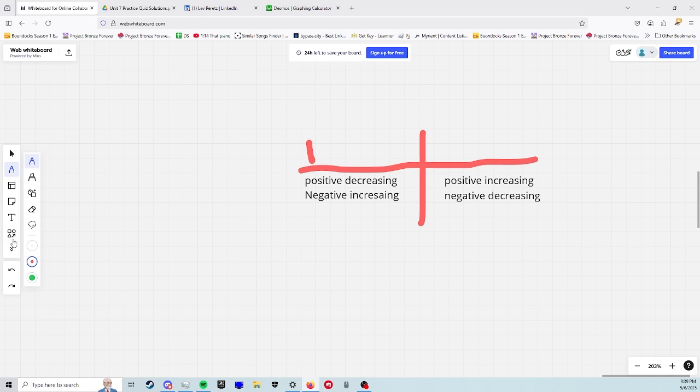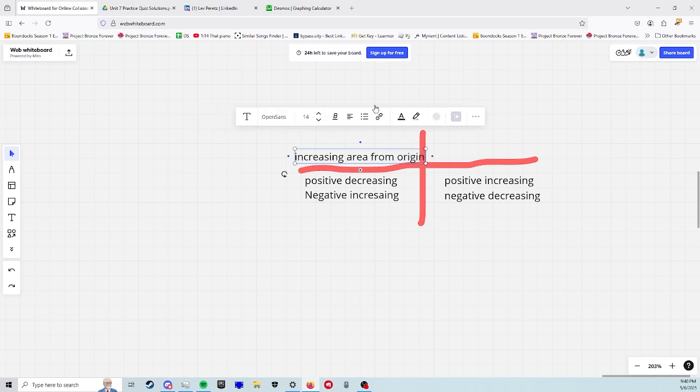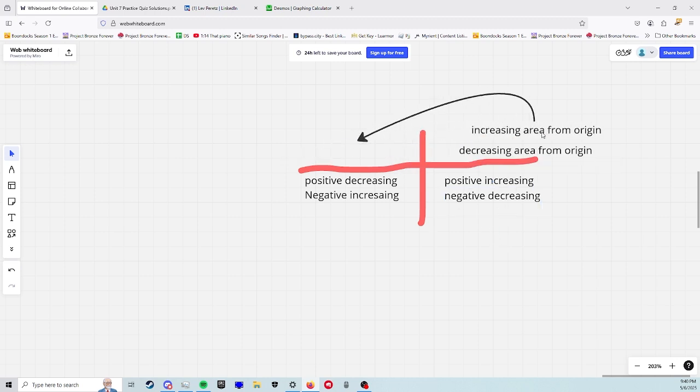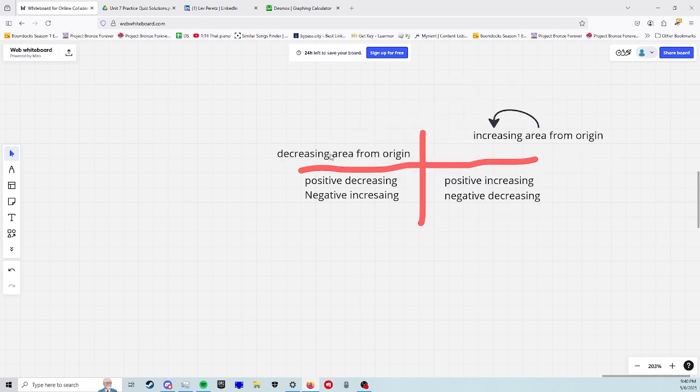Can I just check this? Increasing distance from the origin or the pole. Again, it's important to know that the origin is the pole. Wait, I got that wrong. Wait a second. No, these are flipped.